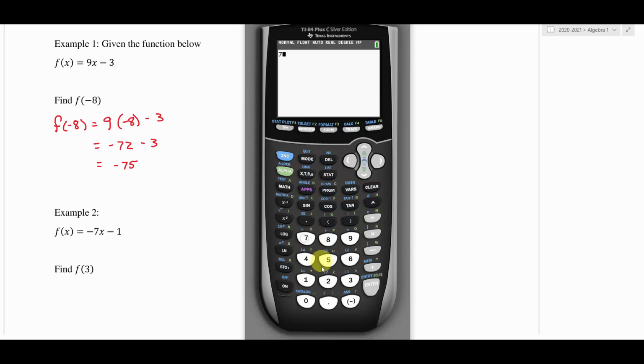Something else students do is they'll do 72 and they'll hit the negative button instead of the minus button. So they'll do like 72, and then they have the negative with the 3 in there, and if they hit enter, you'll get an error because the calculator doesn't know what you're trying to do. All right, so make sure you distinguish between those two buttons.